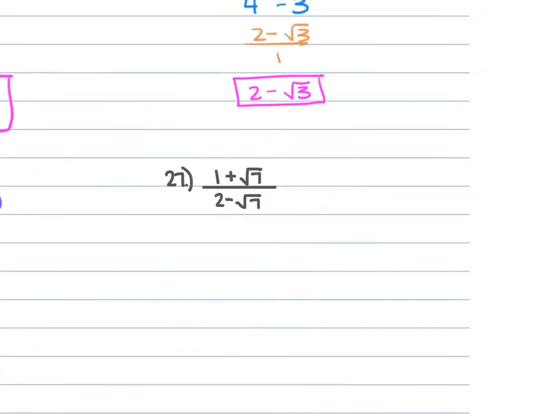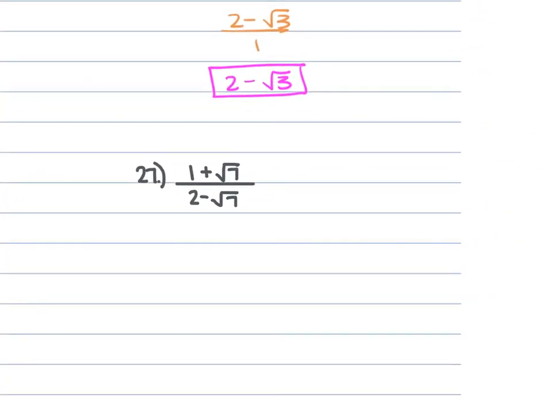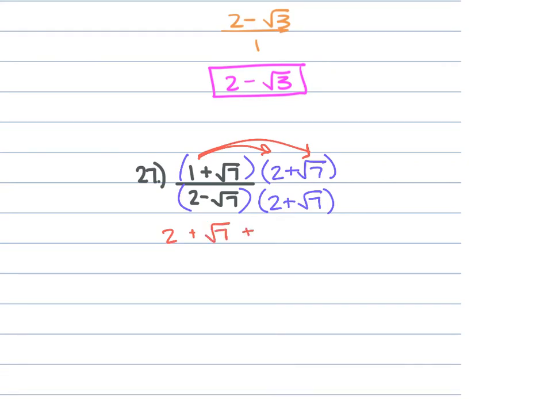For 27, we have 1 plus the square root of 7 over 2 minus the square root of 7. So the conjugate of your denominator is 2 plus the square root of 7, multiplying top and bottom by this. So we're going to actually FOIL on the top here. So 1 times 2 is 2. The 1 times the square root of 7 is the square root of 7. The square root of 7 times 2 is 2 square root 7. And square root of 7 times square root of 7 is just 7. All over 2 squared minus the square root of 7 squared.